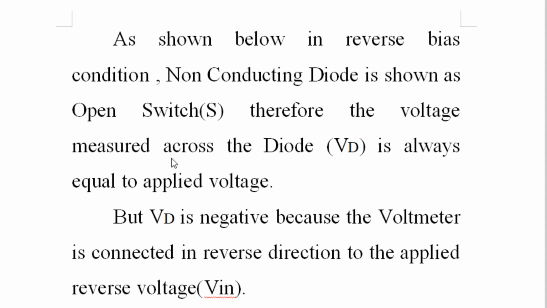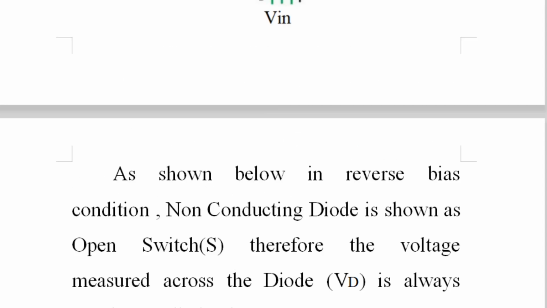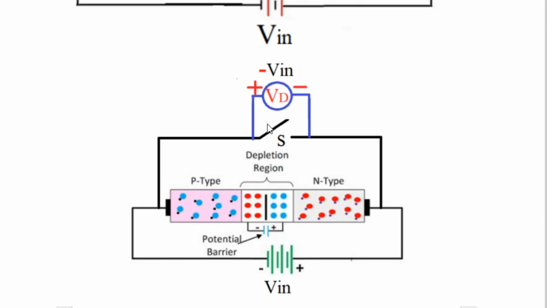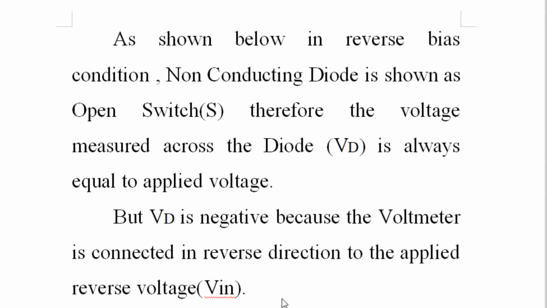Therefore, the voltage measured across the diode Vd is always equal to the applied voltage, because it is an open switch. So whatever voltage you apply, the same voltage will be measured across the diode, because the diode is not conducting, but it will be in the reverse direction. That is what is given here.